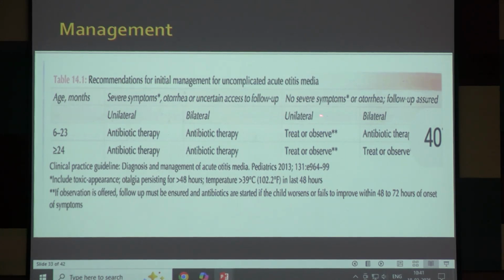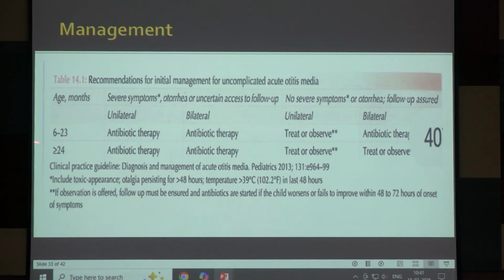And if there are no severe symptoms, then in the more than 2 years age group we will observe the child, and the child will be followed again after 2 days or 48 hours.